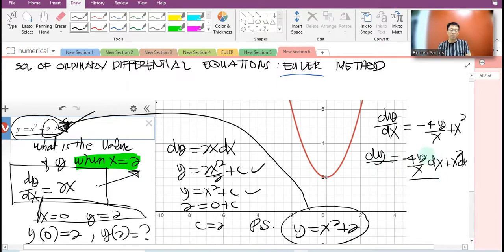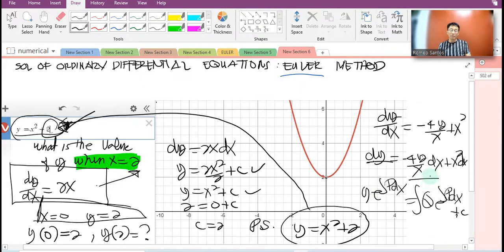Na kahit anong manipulasyon mo, hindi yan pupunta dyan, di ba? So, meron tayong solution yan, yung integrating factor: y e to the integral of p dx is equals to q e to the integral of p dx plus c. Okay, so yan. Kung natatandaan nyo, ito yung solution niya.